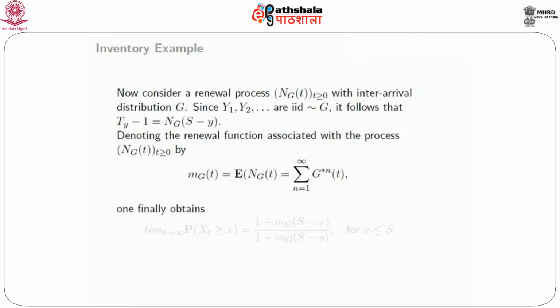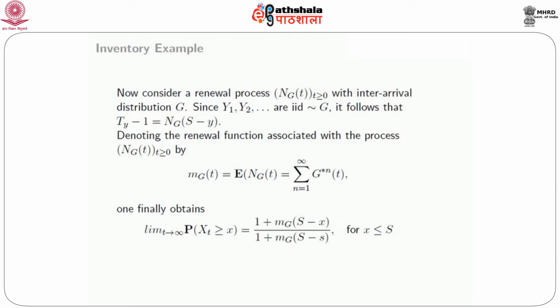So one finally obtains that the limit as t goes to infinity of the probability that X(t) is greater than or equal to x is 1 plus the expectation of N_G of S minus x, which gives you the expectation of Tx, divided by 1 plus M_G of S minus little s, which gives the expectation of Ts.